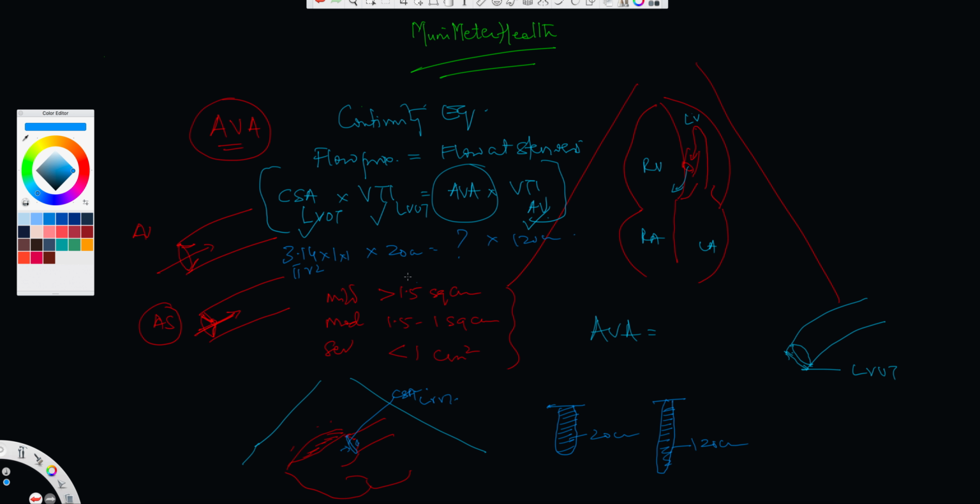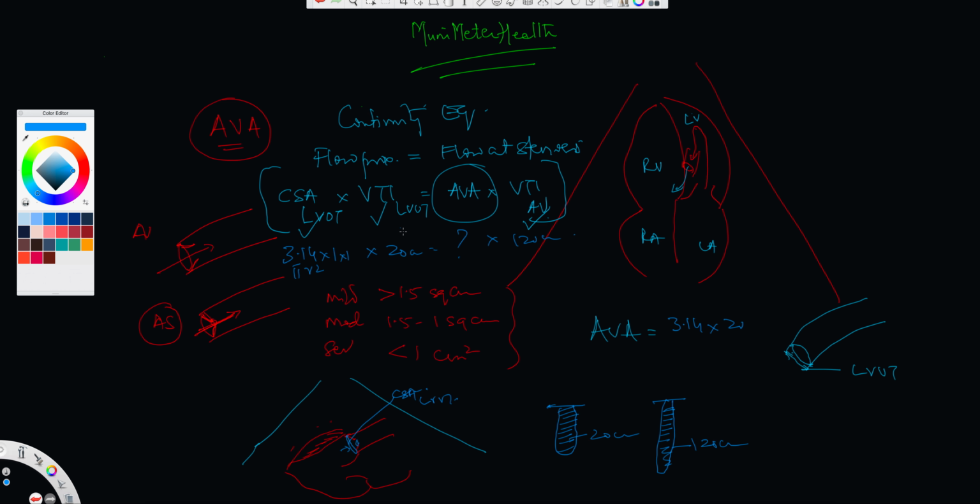Okay. So in a nutshell, what is the aortic valve area? The aortic valve area will be 3.14, which is times 1 by 1 is 1, still 3.14 times 20.